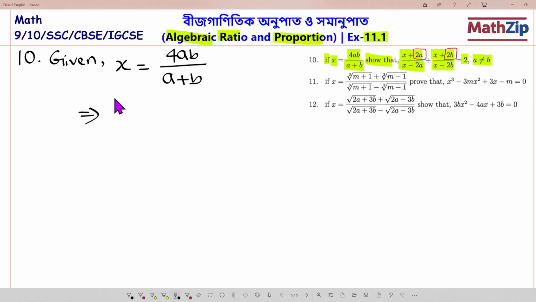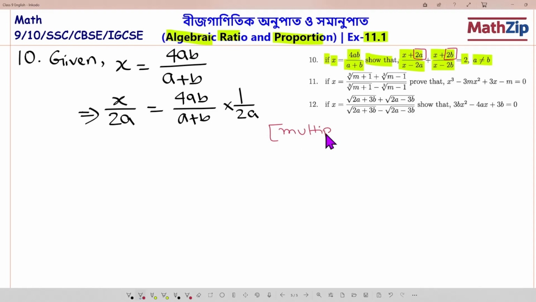we can write x divided by 2a equals 4ab divided by a plus b times 1 by 2a. It means we are multiplying both sides by 1 by 2a.